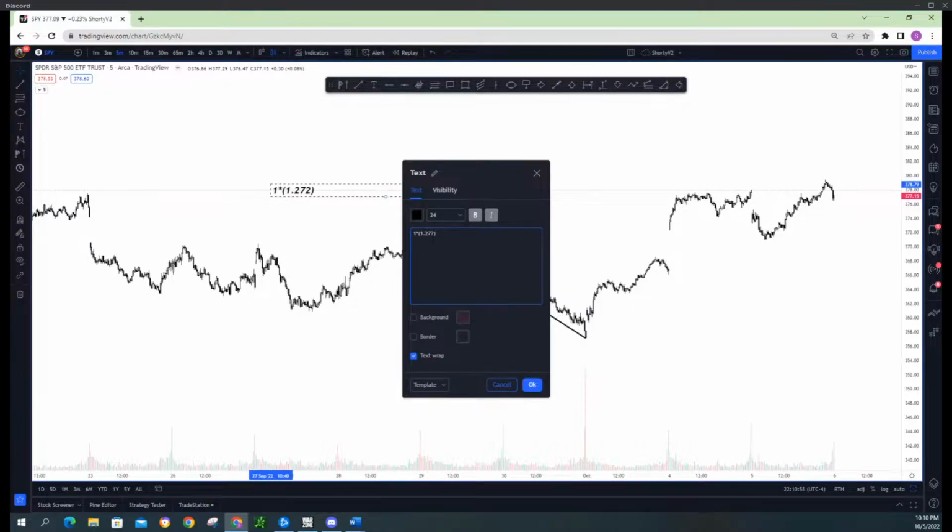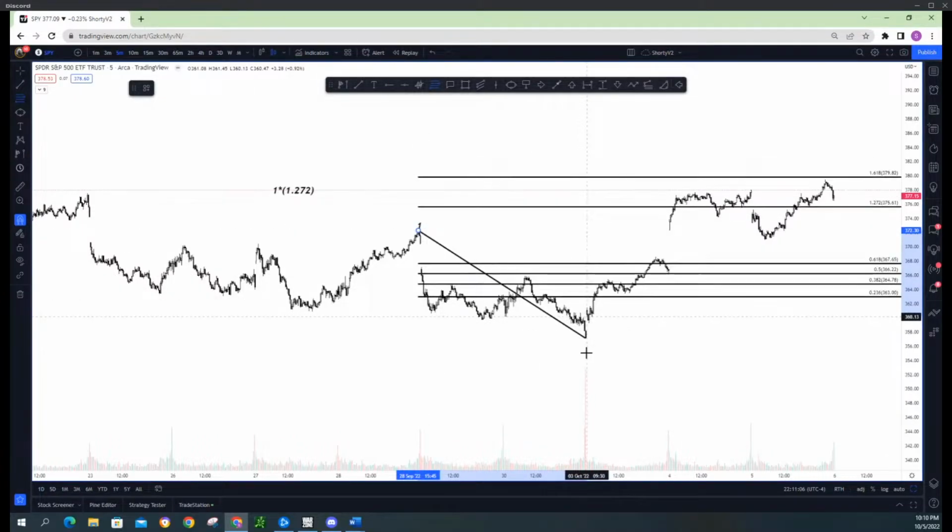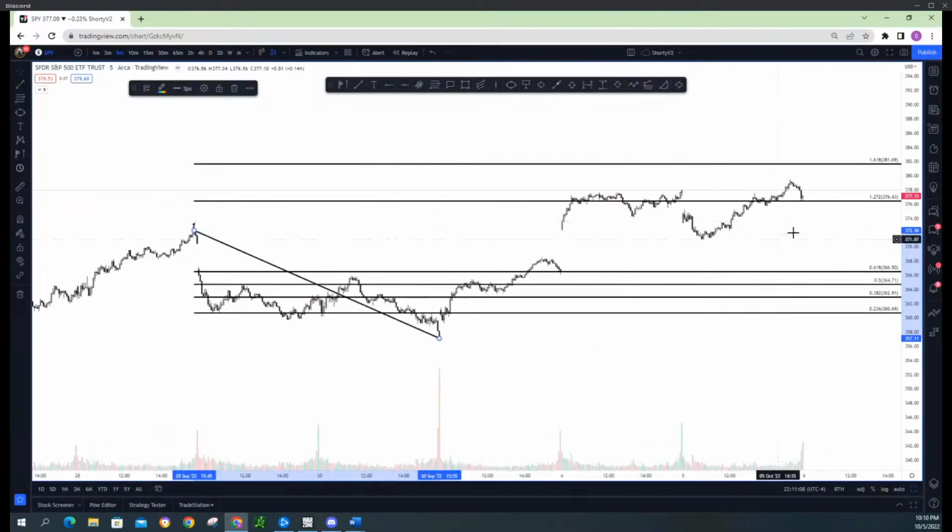You're looking for the 27.2 add-on. So now if I take this fib here and replicate the same exact move, I'm looking for symmetry of the move and I'm looking for the extension. This is where 127% of this move is. The 1.272 is here and the 1.618 is right here.